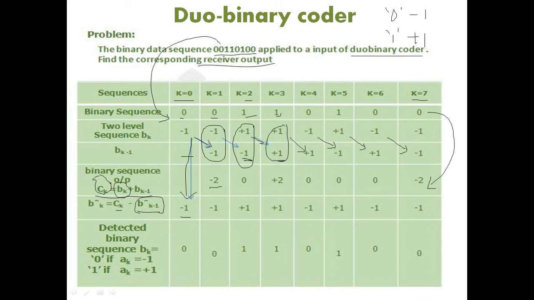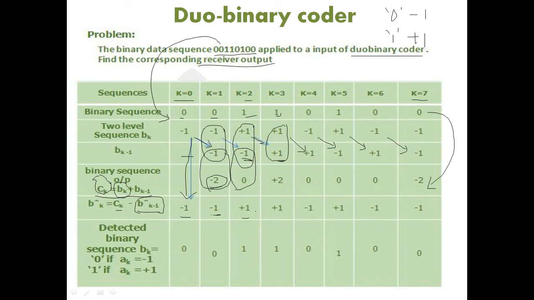Now, what is the ck value? Minus 2. Minus 2 minus of minus 1 means minus 2 plus 1, which is minus 1. Now perform the operation between these two: ck minus bk, 0 minus of minus 1 gives plus 1.